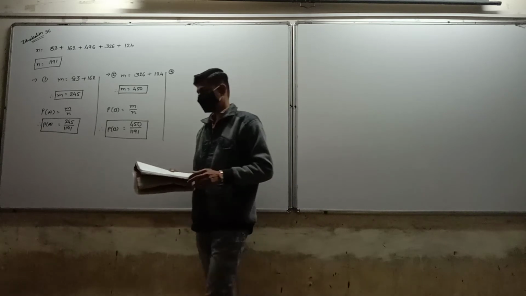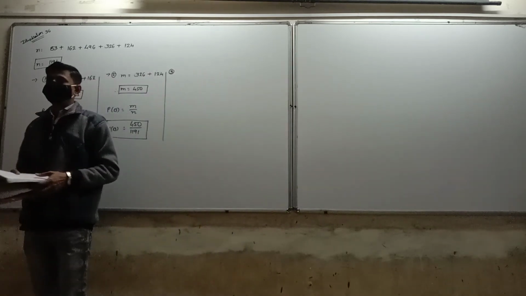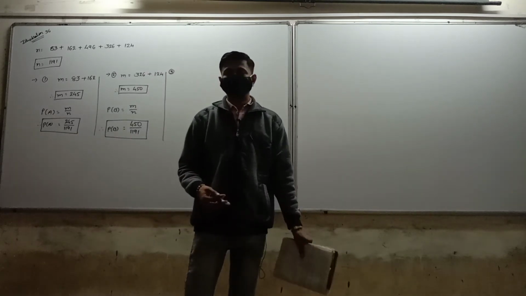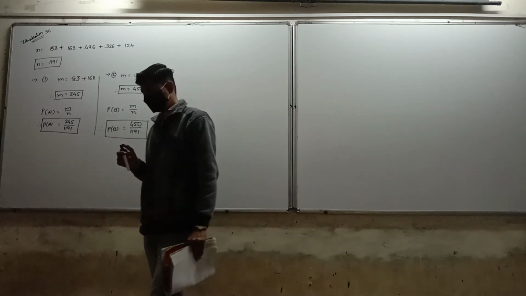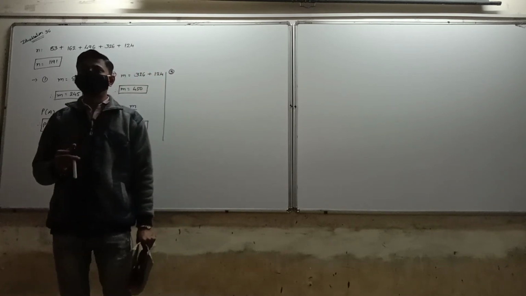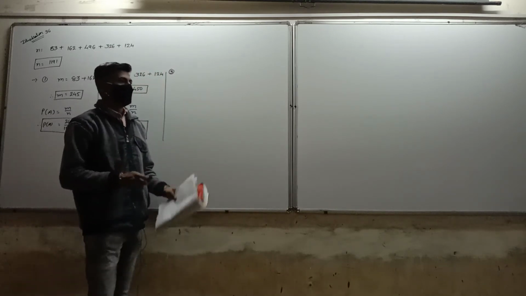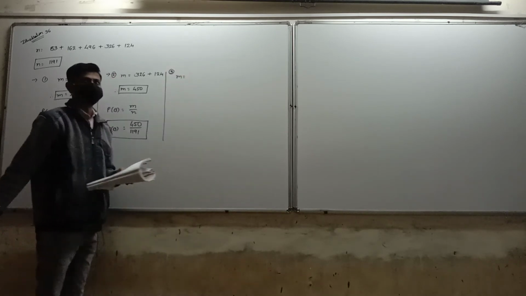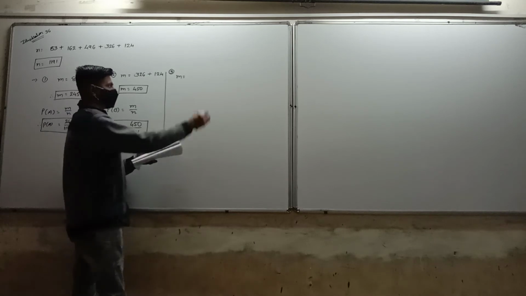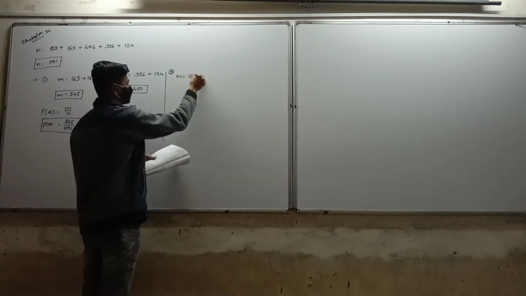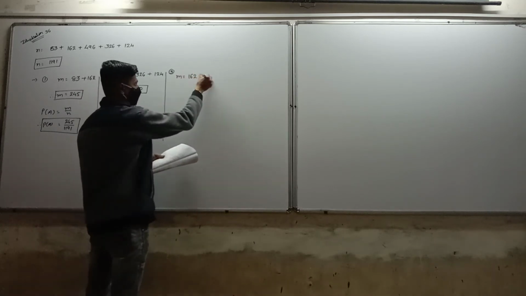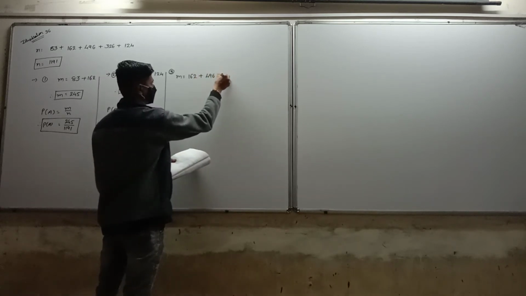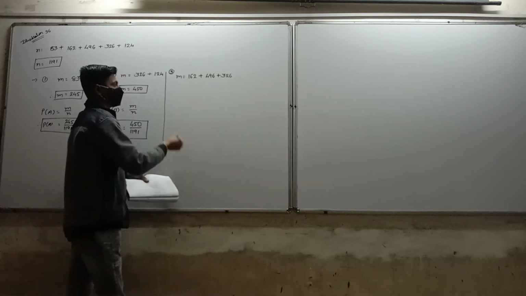New line. Favorable outcomes of event C is, new line, M is equal to 162 plus 496 plus 326.